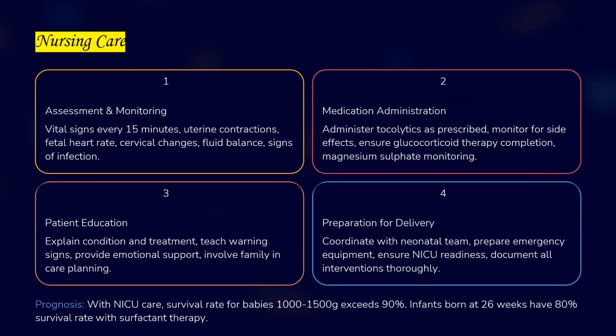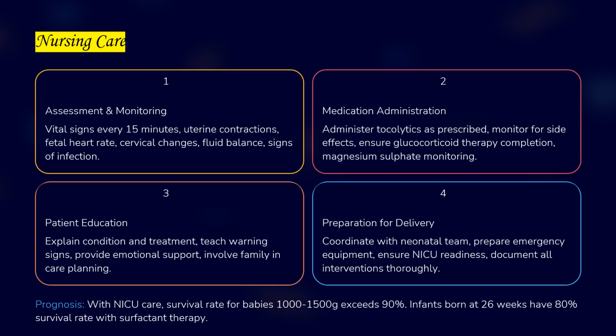Okay, ensure that the glucocorticoids, which is like dexamethasone or betamethasone, whichever medication you have given, is completed. Okay, and then if the mother is on magnesium sulfate, that also you need to monitor, if the pregnancy is less than 32 weeks of gestation.